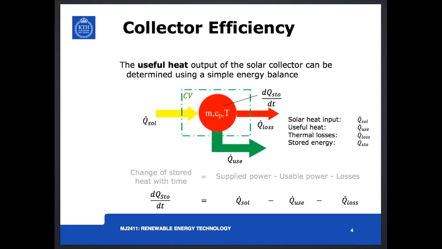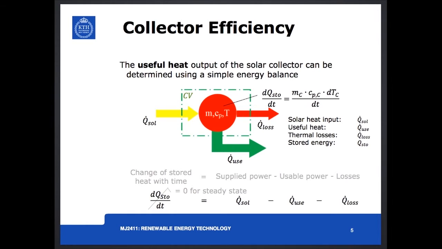We're going to draw the boundaries of our heat balance, which we're going to apply, with the green dash-dotted line, which is marked as CV for control volume. We can see in the equation at the bottom that the change of stored heat with time, dQ stored over dt, equals the supplied power Q sol minus the usable power Q use minus the heat losses.